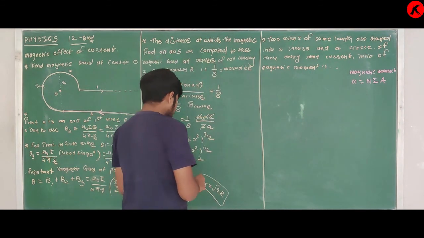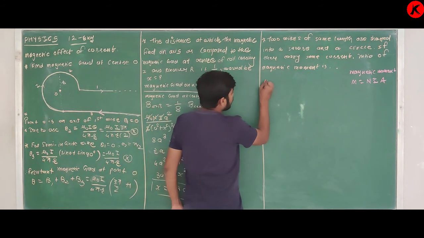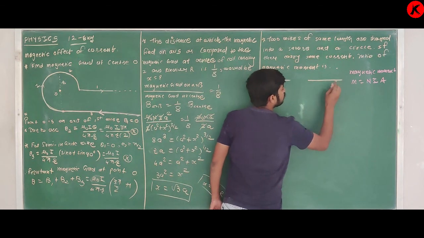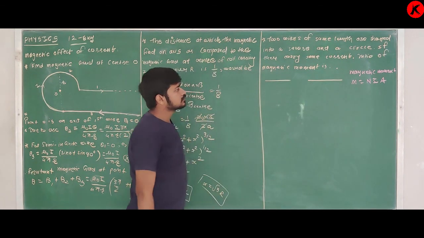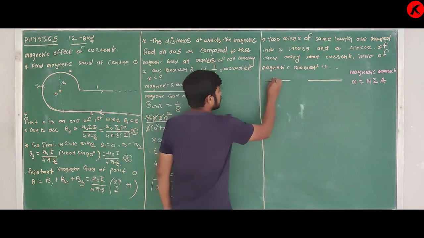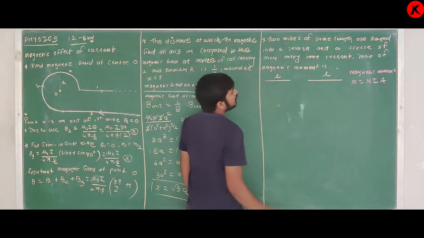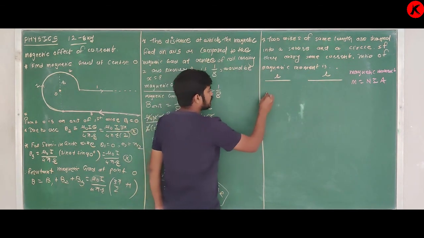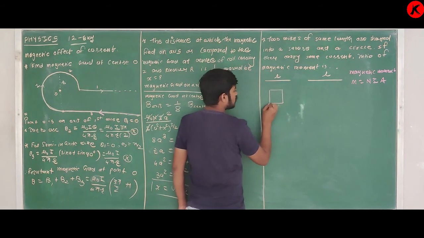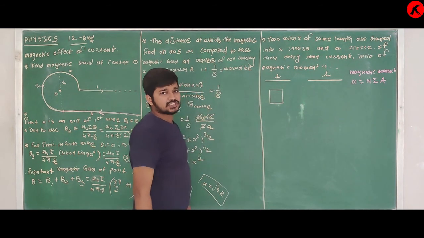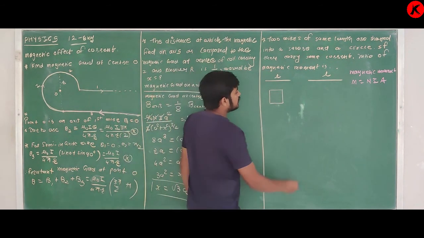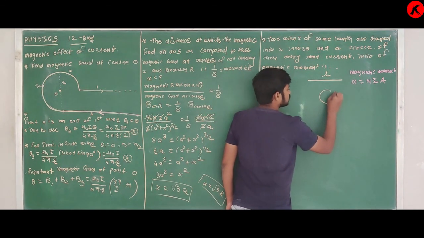Now what you are given, see, two wires of same length. Its length is L. It is shaped into a square, and another is shaped into circle.